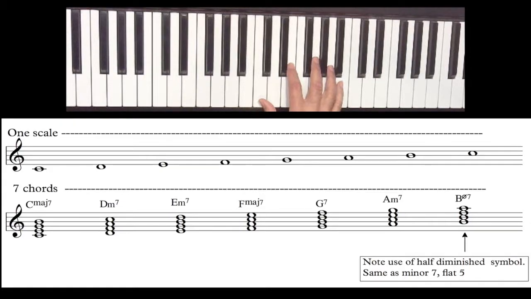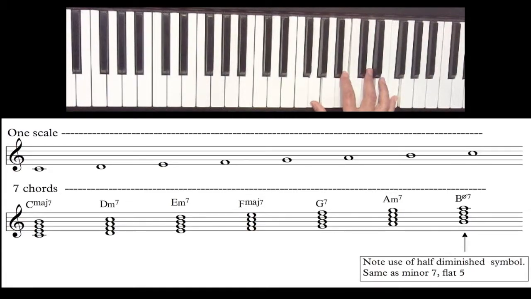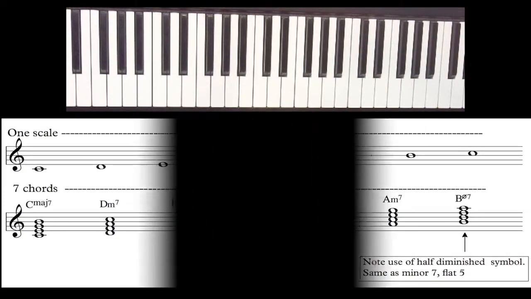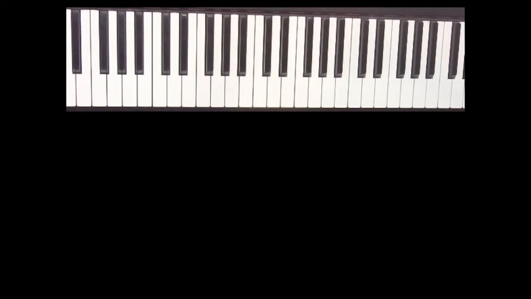So starting from step 1, C major 7, step 2, D minor 7, 3, E minor 7, 4, F major 7, 5, G dominant 7, 6, A minor 7, and 7, B half diminished, also known as minor 7 flat 5. So now we're going to look more closely at the construction of these important chords.